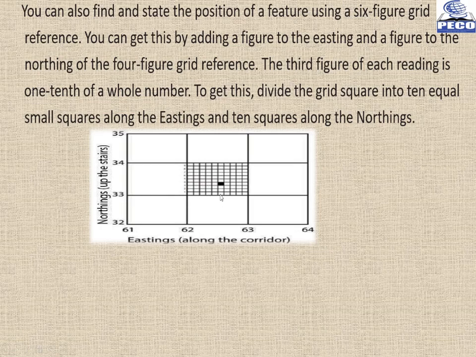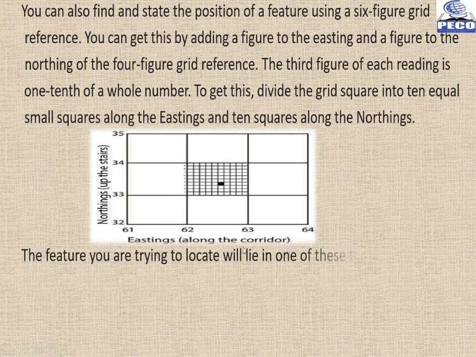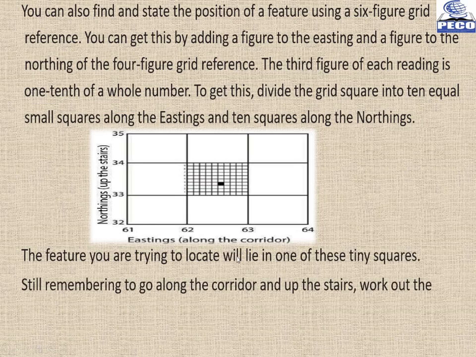So we shall count from 33 upwards, up the stairs. So we count 1, 2, 3, 4. So we've moved 4 steps northwards. So the 3rd northing becomes 4. Therefore, to write the grid reference, we shall write 62 as the easting we've read off first, 6, and then northing 33, we've counted 4, so we add 4.